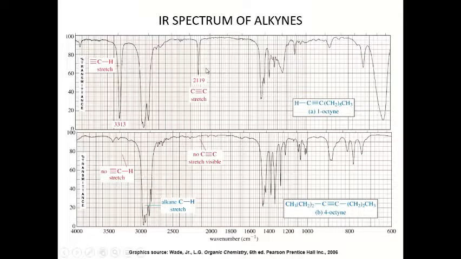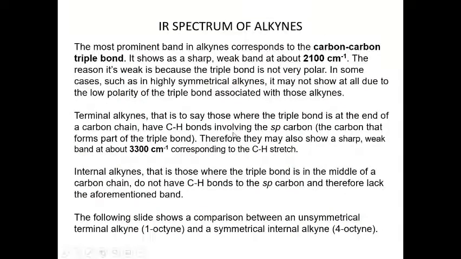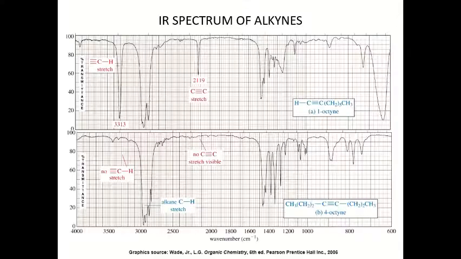It is because, as we saw, and I want to emphasize, the terminal alkyne has a CH bond involving the sp carbon, the carbon that forms part of the triple bond, right?